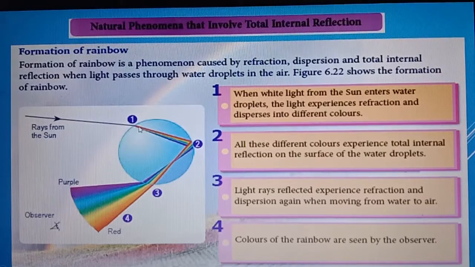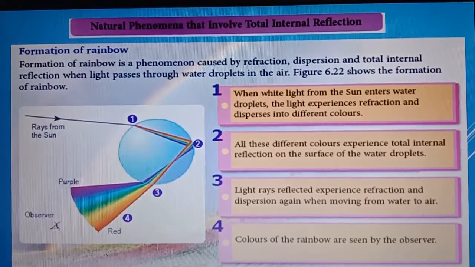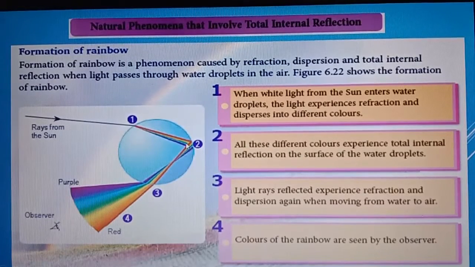White light consists of 7 colors: red, orange, yellow, green, blue, indigo, and violet. Then all these different colors experience total internal reflection on the surface of the water droplet. Here you can see the total internal reflection. And then when the light rays reach here, they experience refraction and dispersion again when moving from water to air.